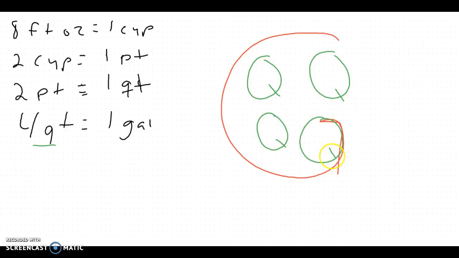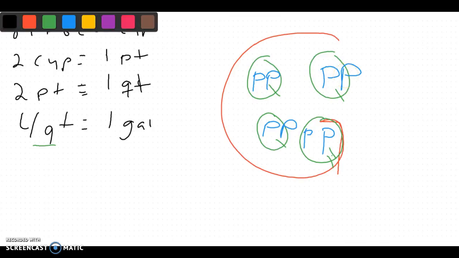There are 4 quarts in my 1 gallon. Then in a quart, we have 2 pints. I'm going to draw 2 P's in each, and I kind of ran out of room, just a little bit.